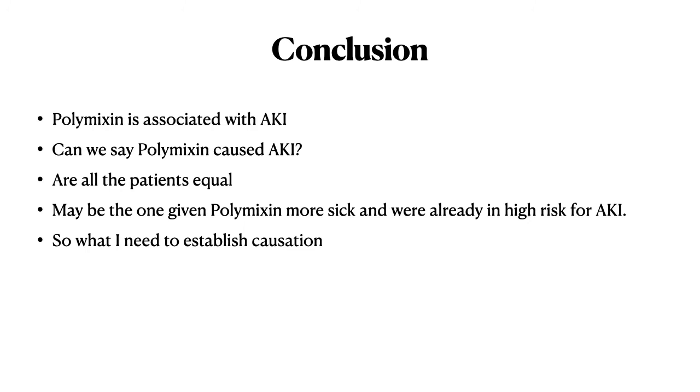So in this particular study, what we can say is polymyxin is associated with acute kidney injury, which means that most of the patients who received polymyxin had a correlation with the AKI. We cannot causally associate polymyxin with the development of AKI.